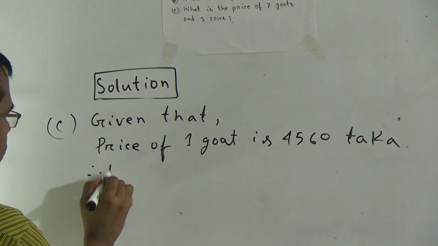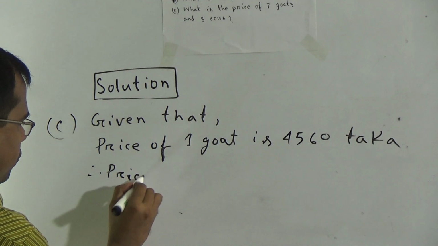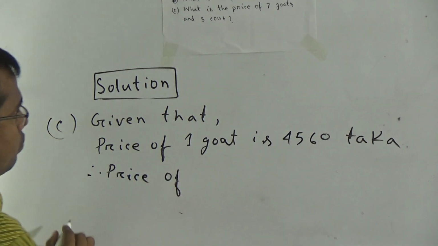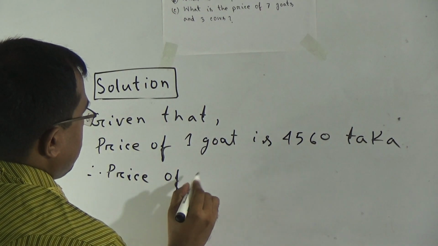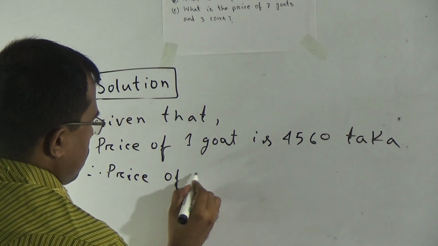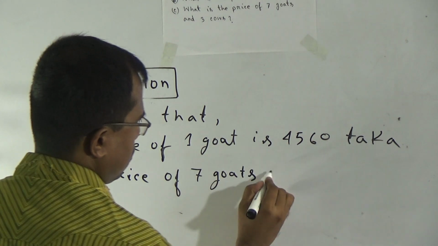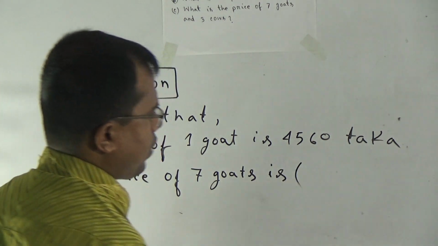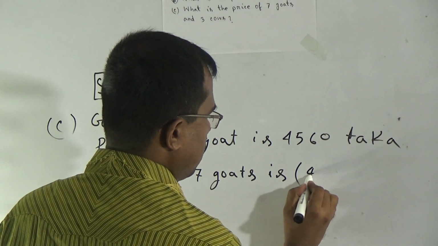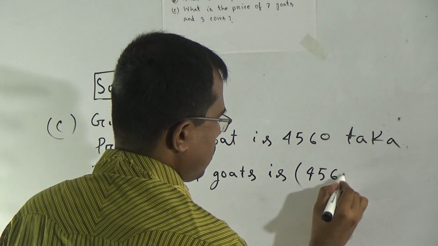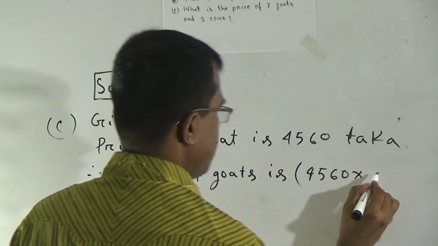Therefore, price of 7 goats is, we have to multiply 4,560 by 7.